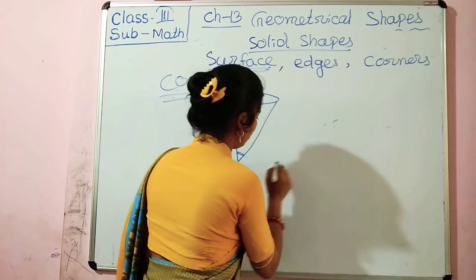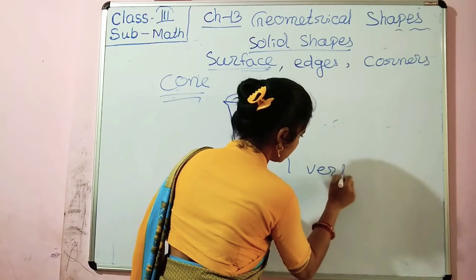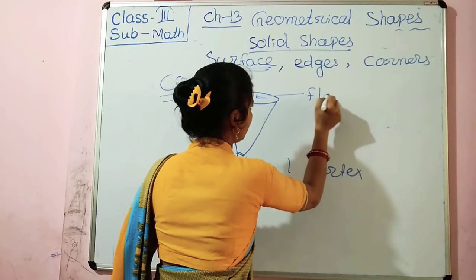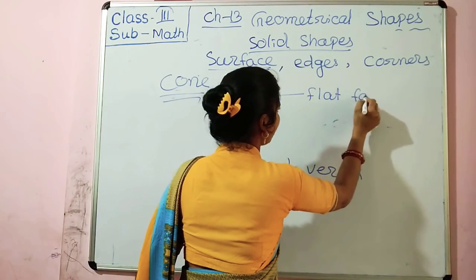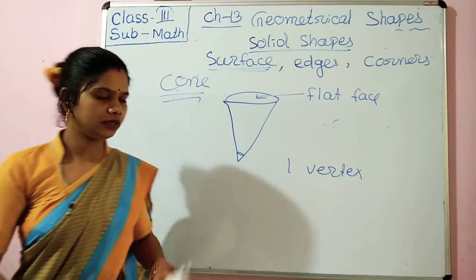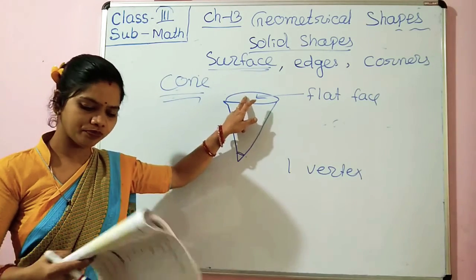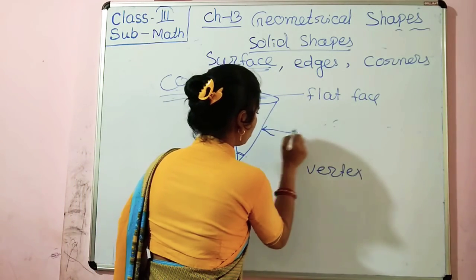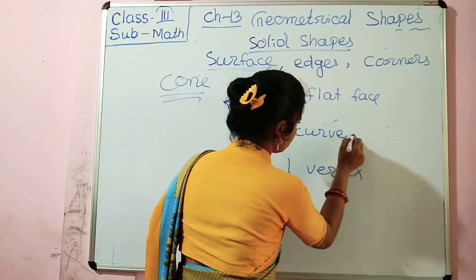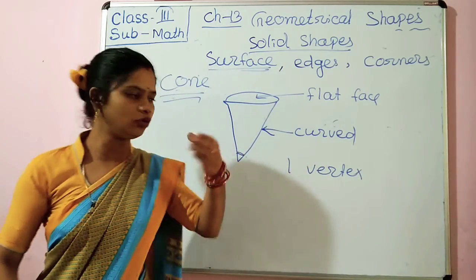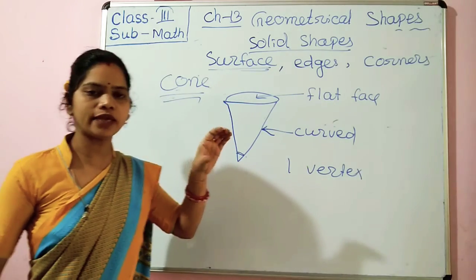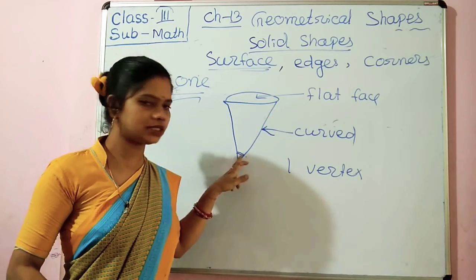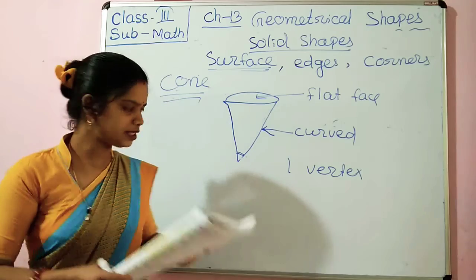One flat face and one curved face. The round part of the ice cream is the curved face, the top is the flat face, and one vertex. Okay, then cylinder.